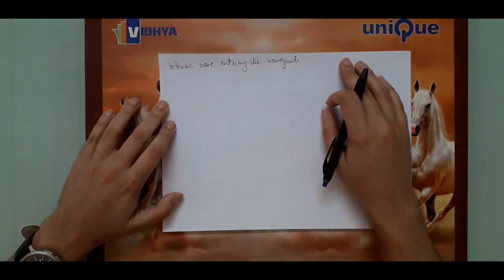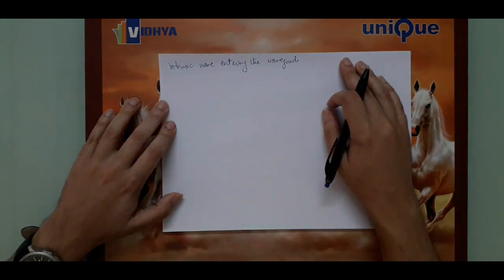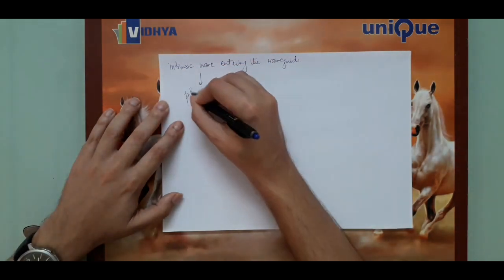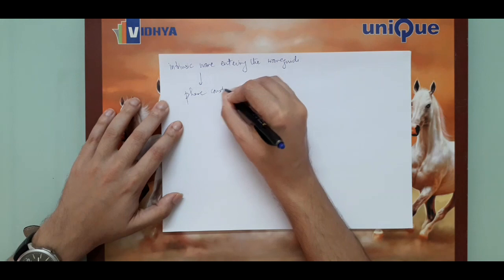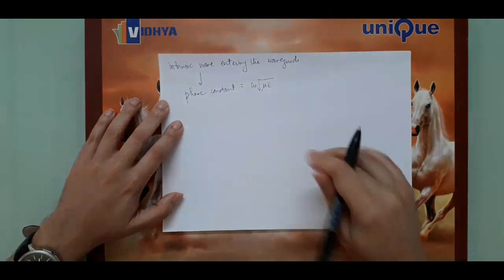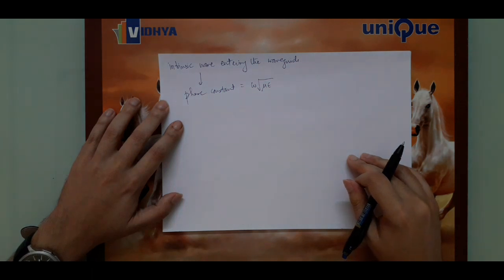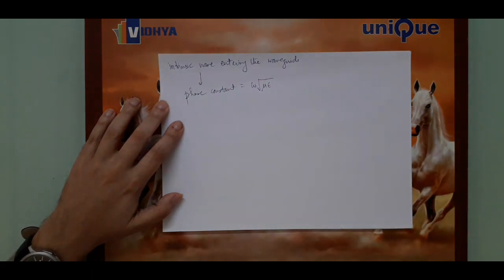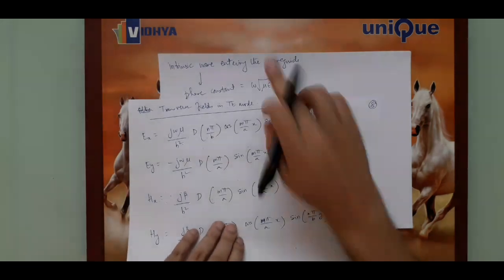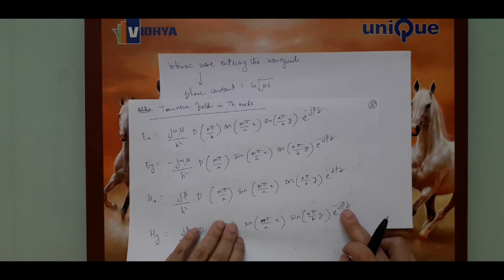Therefore, for this intrinsic wave, which is not bounded initially, the phase constant of this wave is omega under root mu epsilon, as you very well know. But we had defined that the beta for all these expressions is not this beta. This beta corresponds to the wave that is ultimately being guided along the z direction.